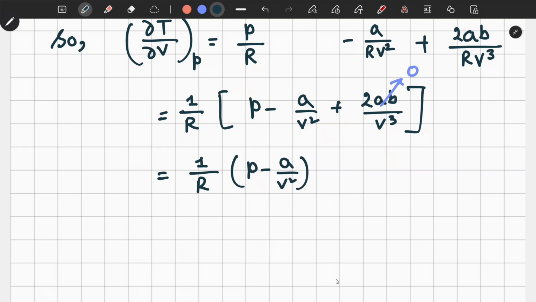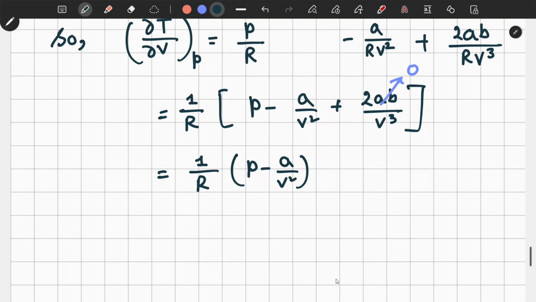Why is it ignored? If you remember the values of A and B, they are very small compared to P and V. Yes, but V is in the denominator, and that is V cube. So the term will be very small, correct? V is very much greater than B. A is 10 to the power minus 3, B is 10 to the power minus 3, and V is also greater than these two, and V cube. Then you can think what the value will be.